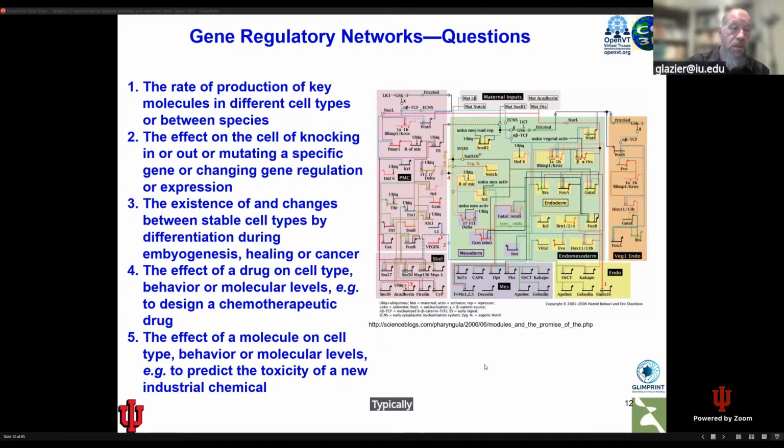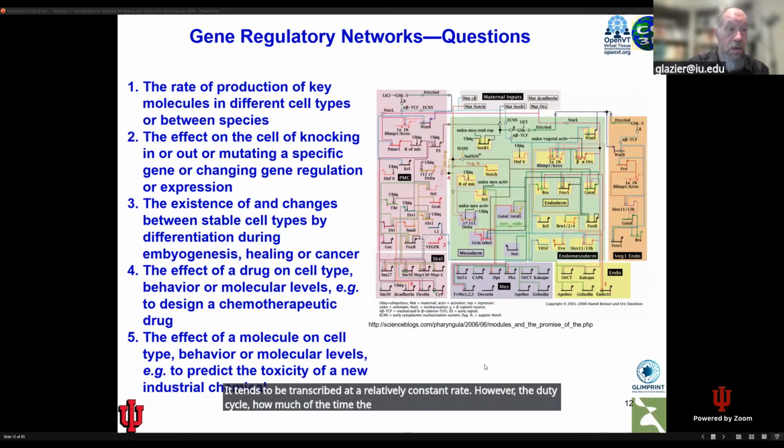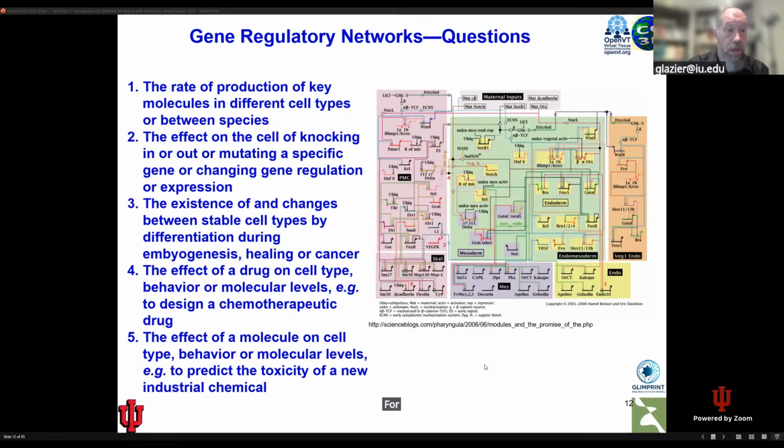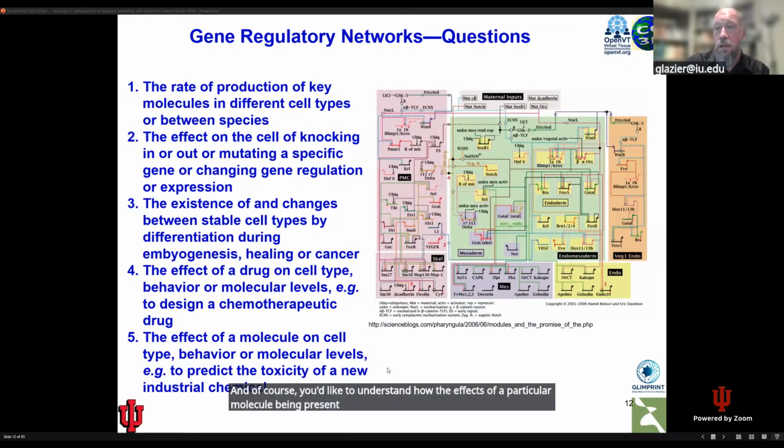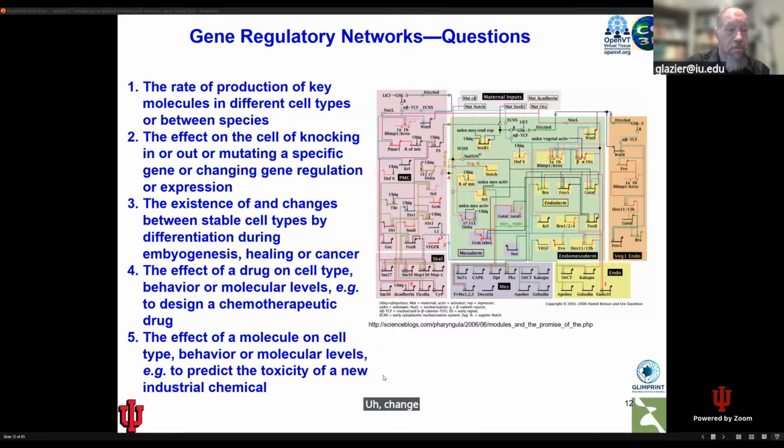Typically, when you get graded expression, when a gene is transcribed, it tends to be transcribed at a relatively constant rate. However, the duty cycle, how much of the time the gene is on or off for transcription, changes, and that's how you get graded expression. And of course, you'd like to understand how the effects of a particular molecule being present or not change the behavior of the cell.